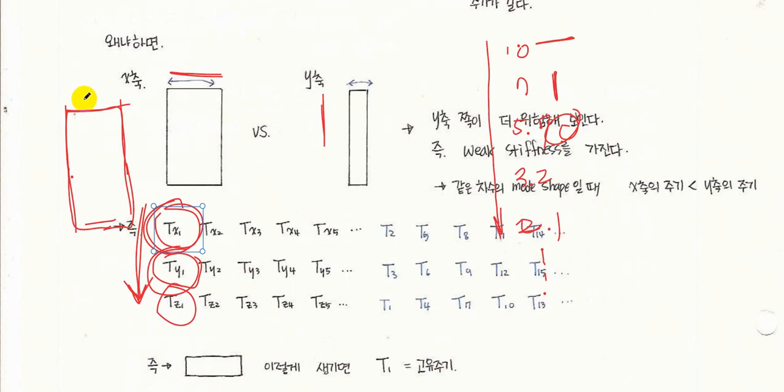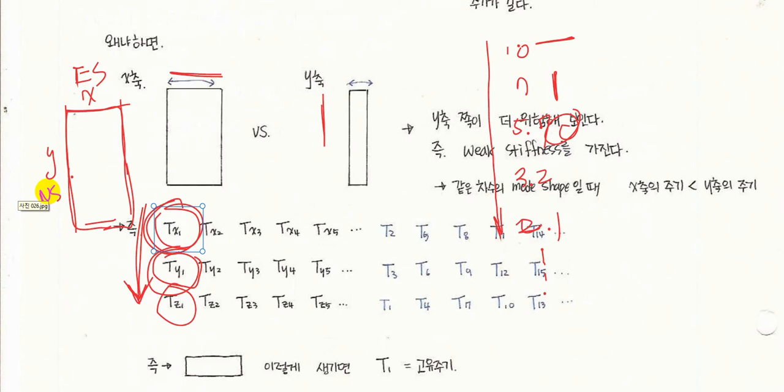Let's see. This is x. This is y. Say this is east to west, north-south. Which one will give you the period for the x-axis, y-axis? Which period will appear first?